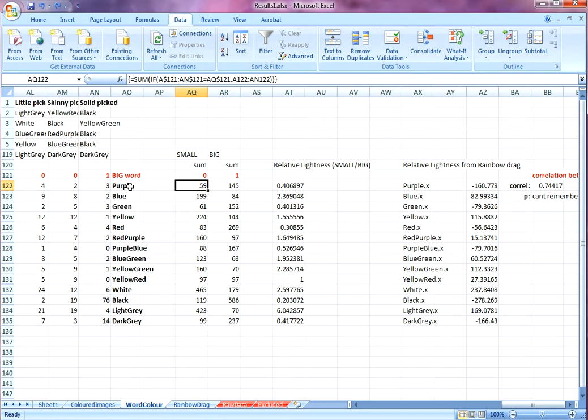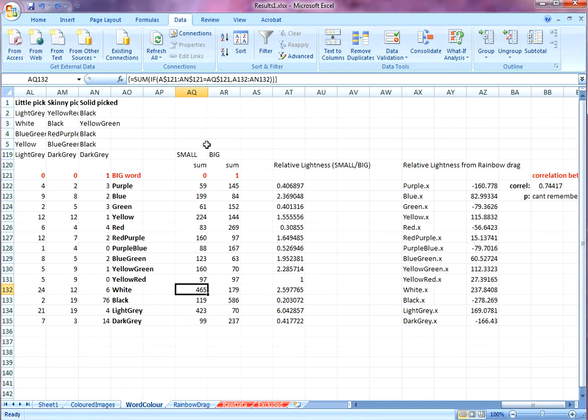So for purple, over all the words and all the people, purple is picked 59 times for light words and 145 times for heavy words. So you can get an indicator here that perhaps purple is a heavy colour, in contrast to, say, white, which has 465 pickings for light words.